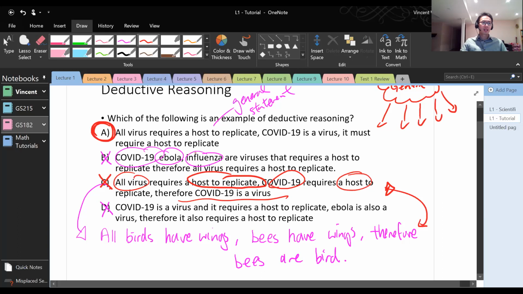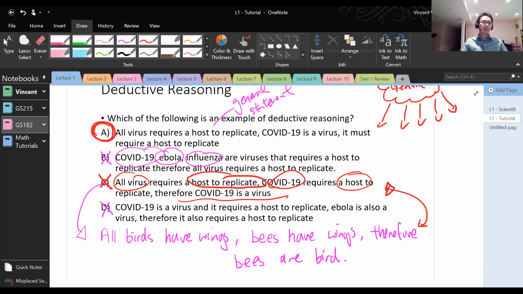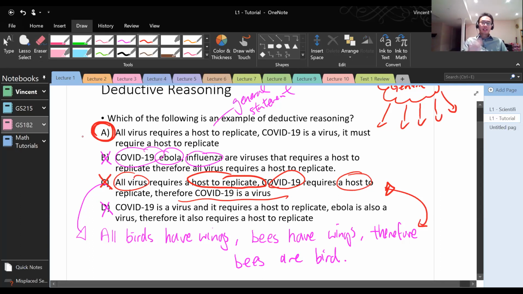Anybody have a question? I like your other explanation better, if I'm gonna be honest. What's the other explanation? I think you said it starts off as a general idea and then it goes into more specific understandings. No, I understand that, but you see the dilemma here that students are having is that these are both from general to specific, right? I see C as repetitive because the first two are the same.